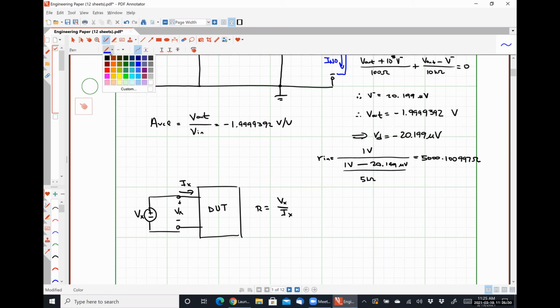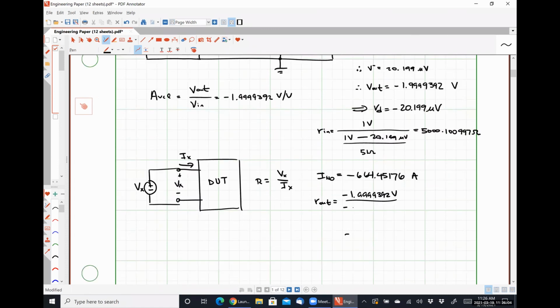We find that our Norton current, I Norton, is equal to negative 664.45176 amperes, which gives us an output resistance, Rout, of negative 1.9999392 volts divided by negative 664.45176 amps.